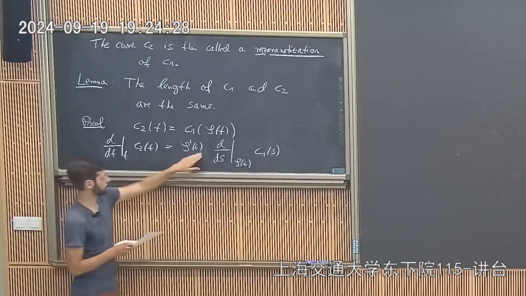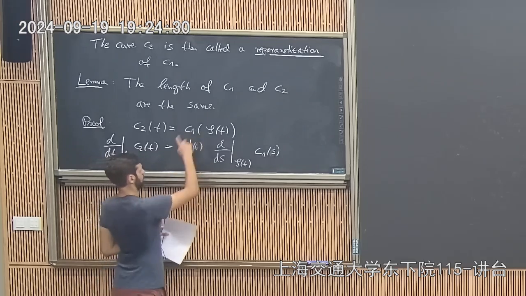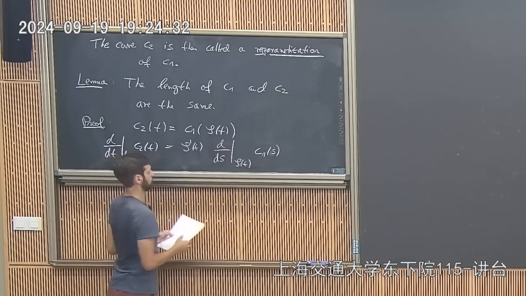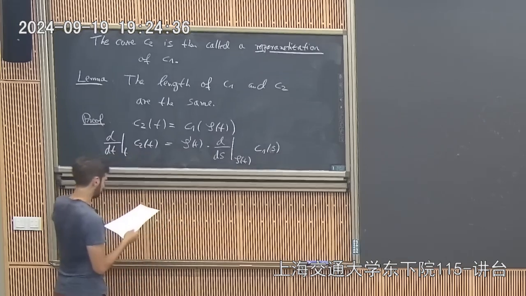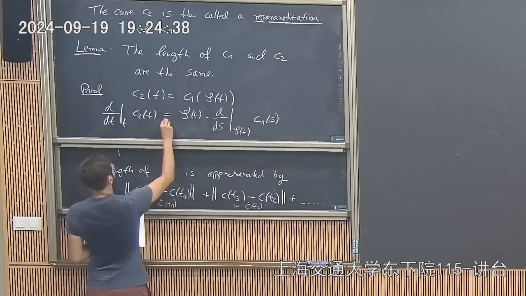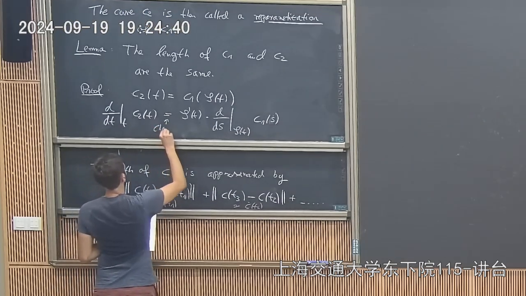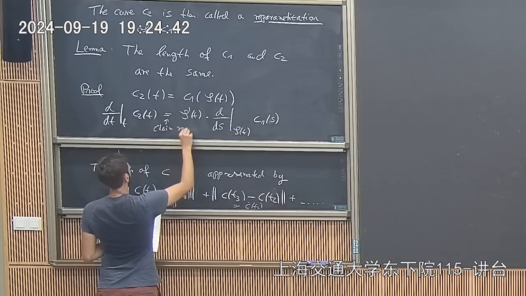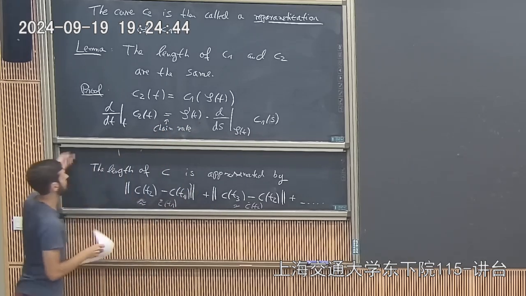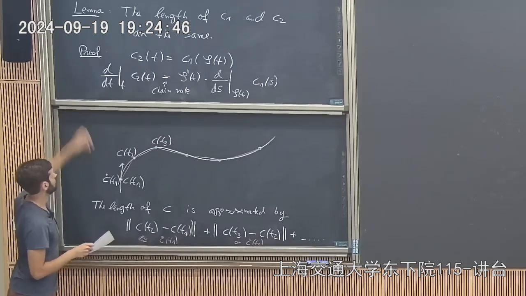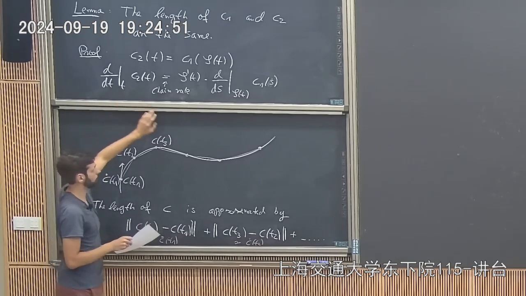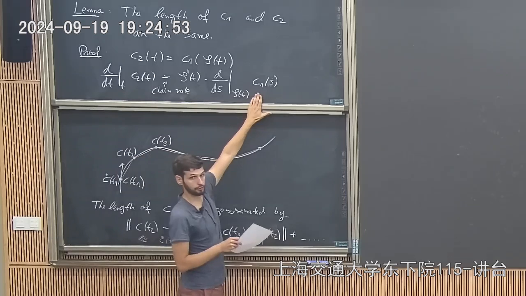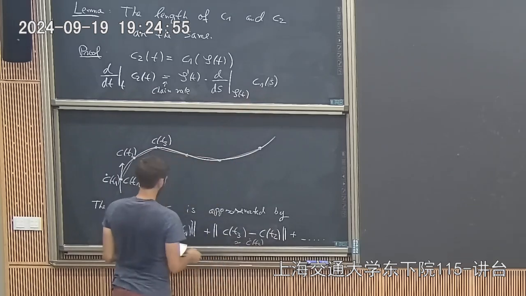So that's the chain rule, where you take the inner derivative and then you multiply. So now we know the derivative, or the velocity, of the second curve in terms of the velocity of the first curve.